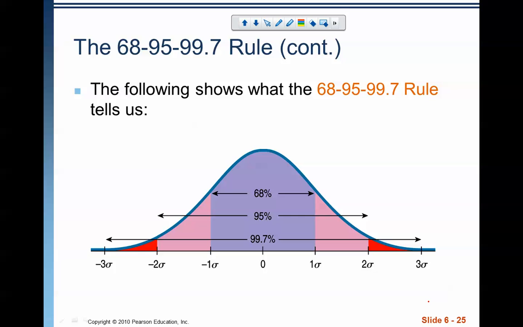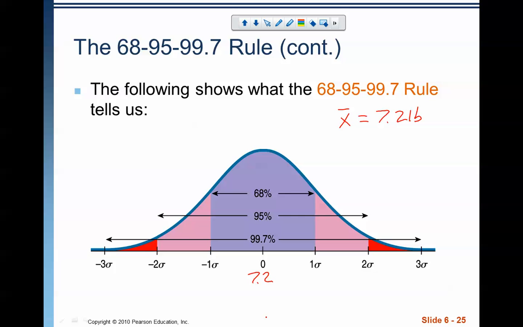Since we were talking about it, let's change the data here. Instead of doing SAT scores, let's talk about baby birth weights. So average baby birth weight is about 7.2 pounds. That means right down here, we have 7.2 pounds as what an average baby is born.